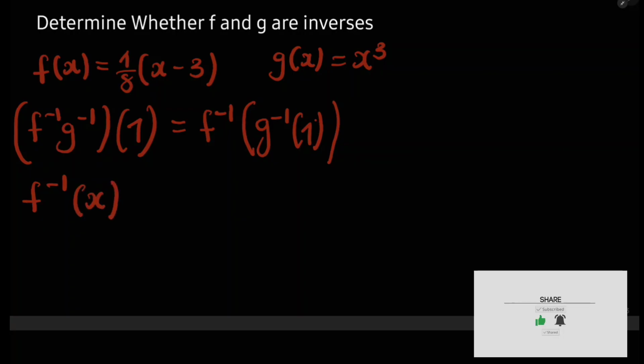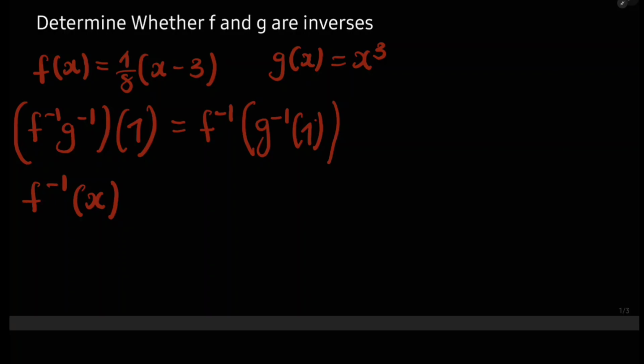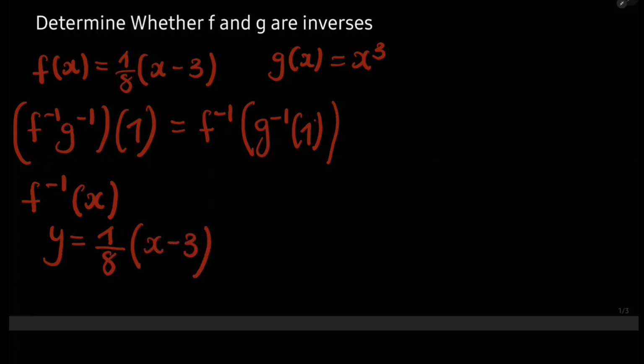Remember I said to find the inverse there are steps to follow, but here I'm just going to be doing them. So let y be equal to 1 on 8 into x minus 3. Here we are to make x the subject of the formula.